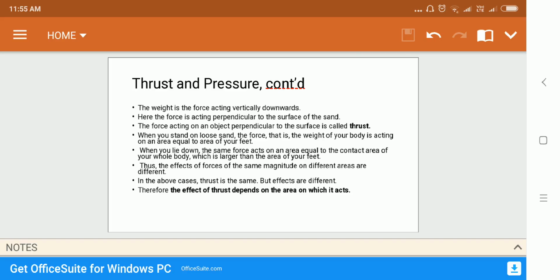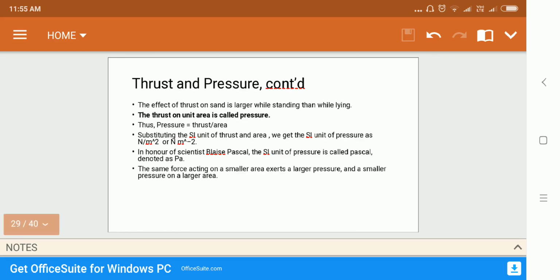Thrust is the same, but the contact area is different, and the effect of thrust also depends on the area on which it acts. That effect is known as pressure. So pressure is nothing but thrust by the area. The thrust on unit area is known as pressure.